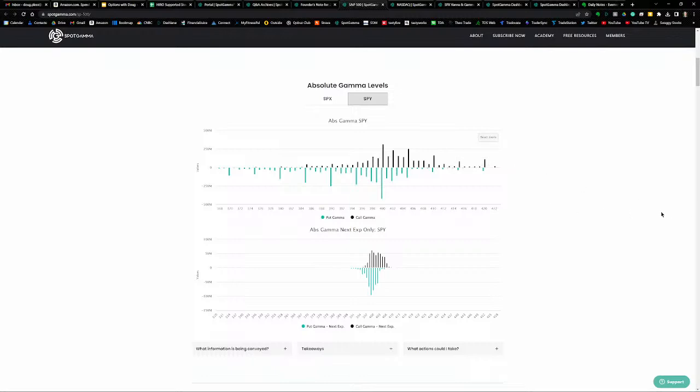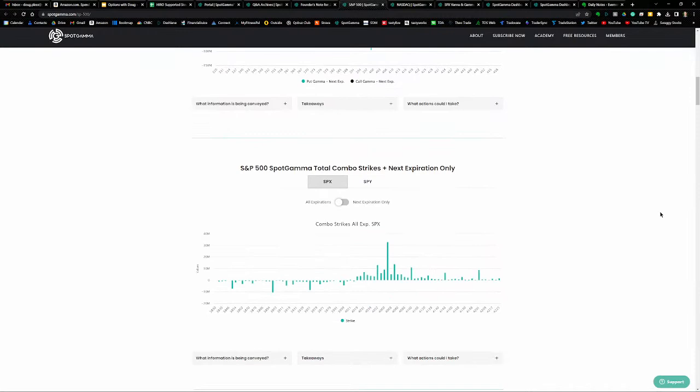And one other thing that I want to take a look at, a couple of other things actually. First of all, these are the combo strikes, combining gamma for SPX and SPY into one number converted to an equivalent SPX number. And again, positive gamma or call gamma above the zero line, and negative gamma or put gamma below the line. And notice, first of all, the increase in call gamma here.